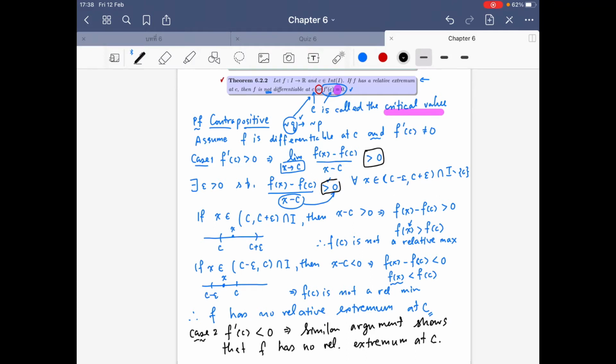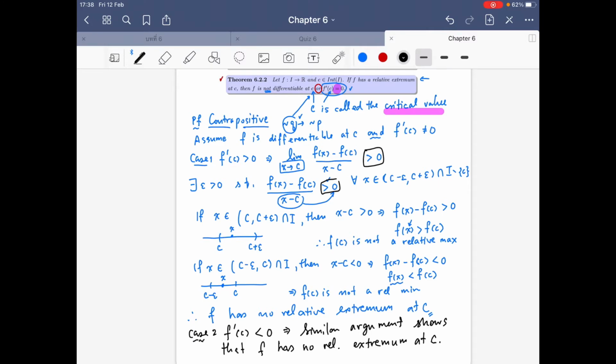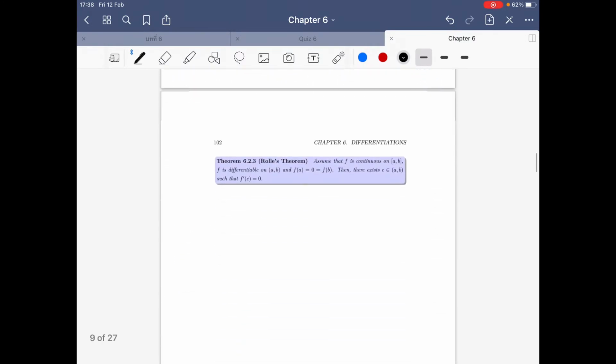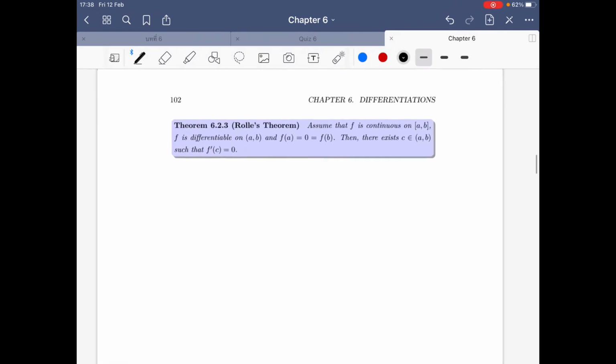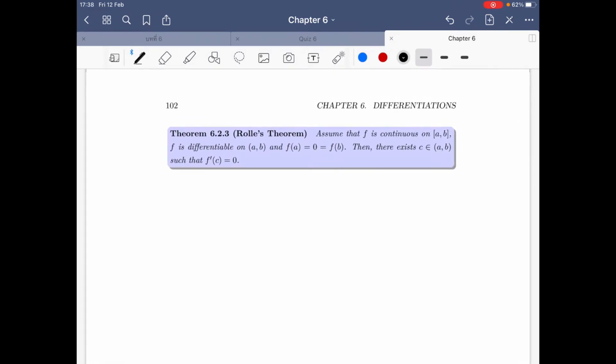These two kinds of points will be good candidates, which we usually call the critical values of the function f. So now we are ready to prove the so-called Rolle's theorem. And this theorem is something that we can use to prove the mean value theorem easily.